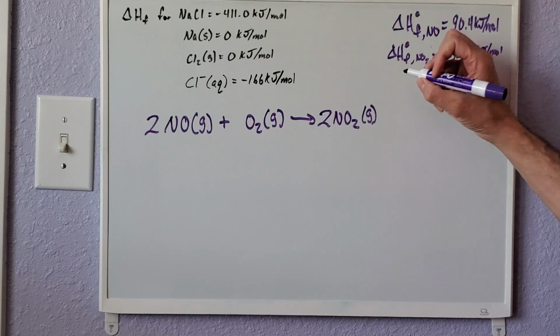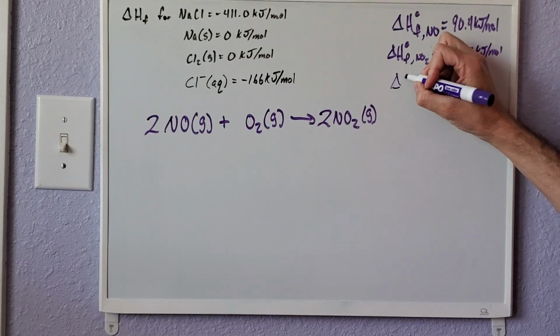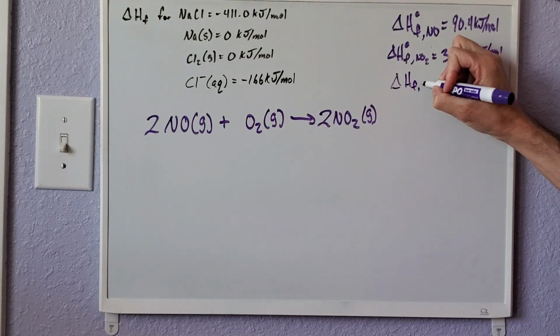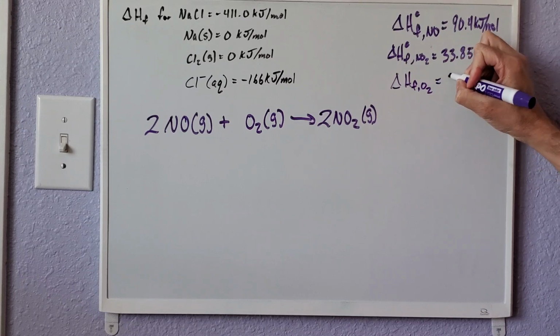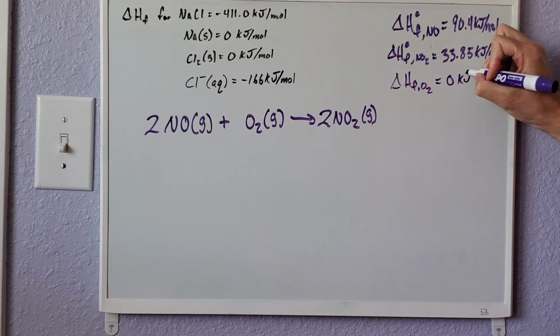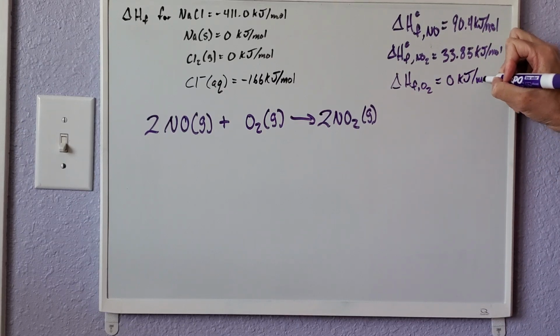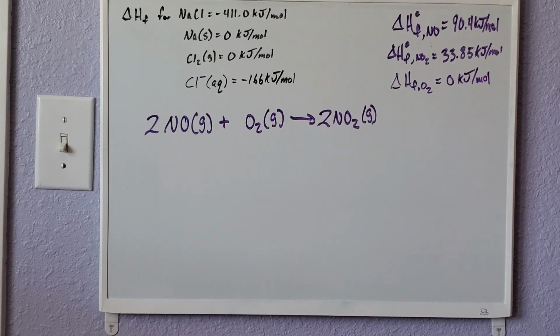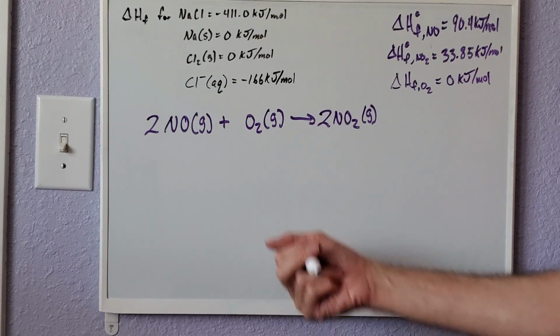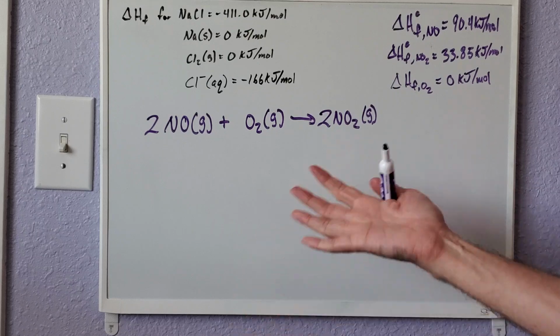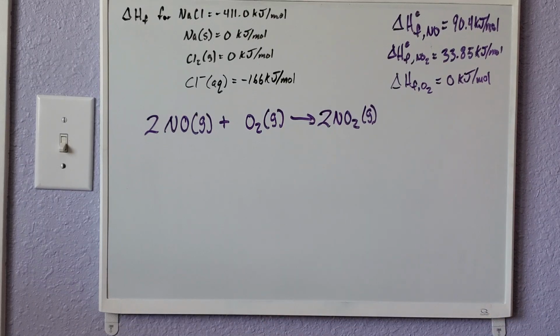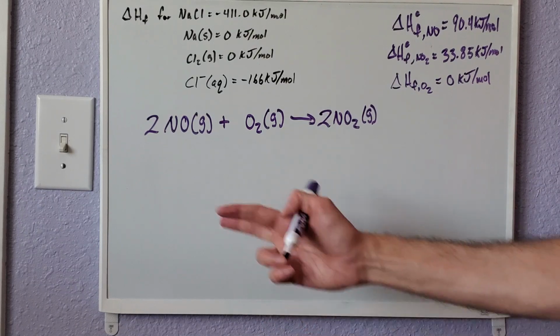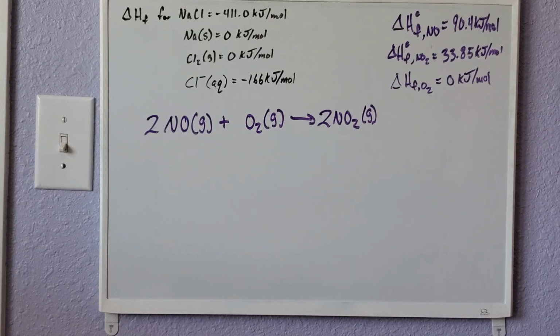And so your delta HF of your O2 is equal to 0 kilojoules per mole because you don't need to release energy or absorb energy for O2 to be O2, because it's already in that form. And so, next thing you have to do is just take this balanced equation and plug these values into where you need to.